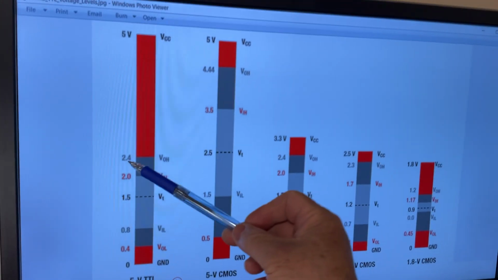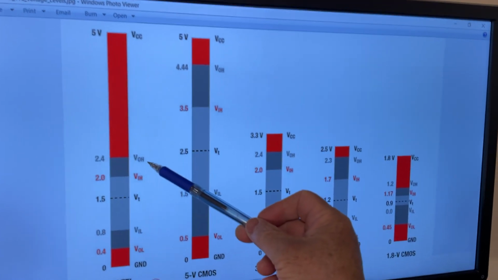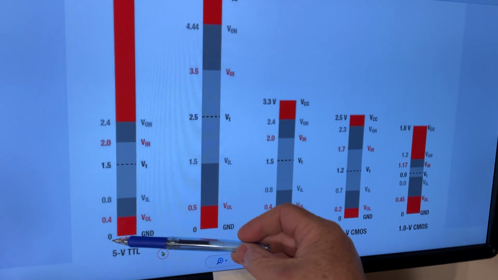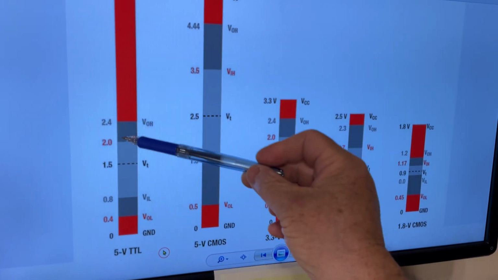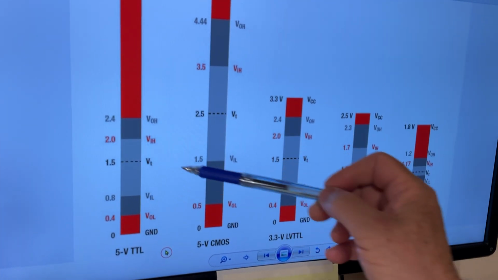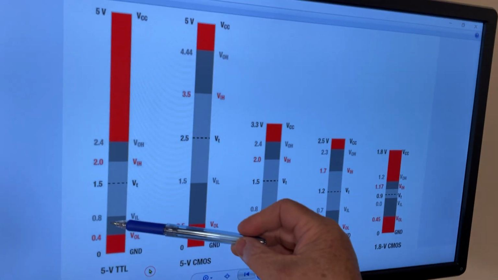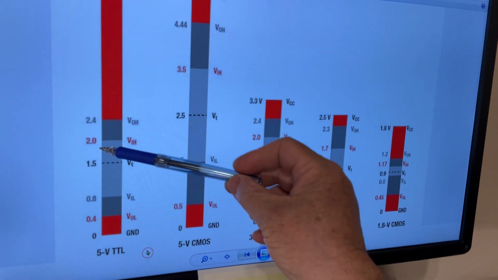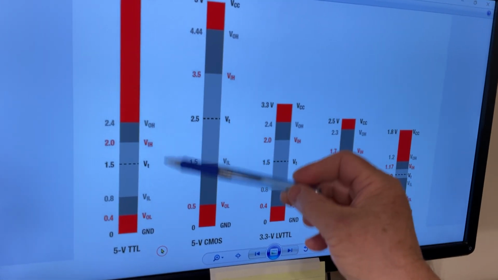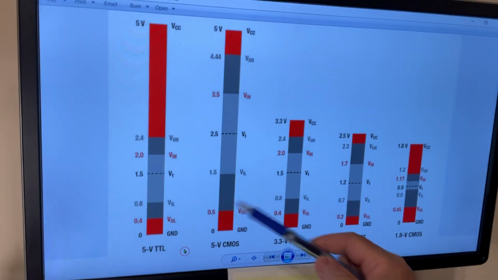And 2.4 is VOH minimum. And you find all the values for inputs in black, 0, 0.8, and then in red 2 volts. And then you find 0.4, 2.4, and you find the names, the abbreviated names.